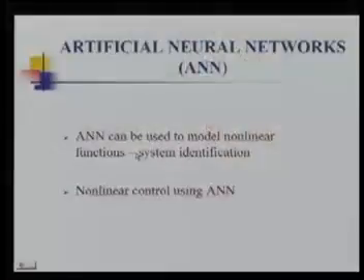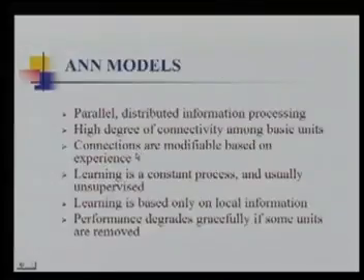Based on these studies, researchers have tried to develop an artificial neural system, and the objective is to create an artificial machine. These artificial neural networks are motivated by certain features observed in the human brain.